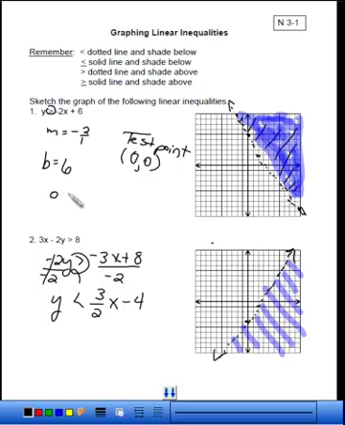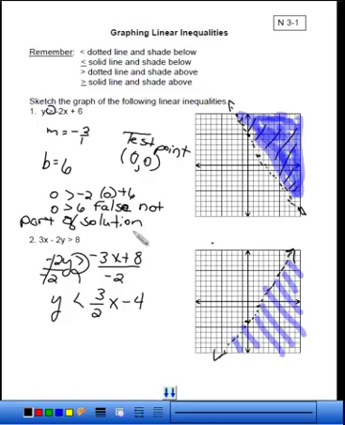So in this case, I'd have 0 is greater than negative 2 times 0 plus 6. And then I get 0 is greater than 6. Well, that is false. If it is false, that means it's not part of the solution, so it should be in the area that is not shaded. And so we did that right. The other side of the line is shaded because 0, 0, that side, is not part of the solution.